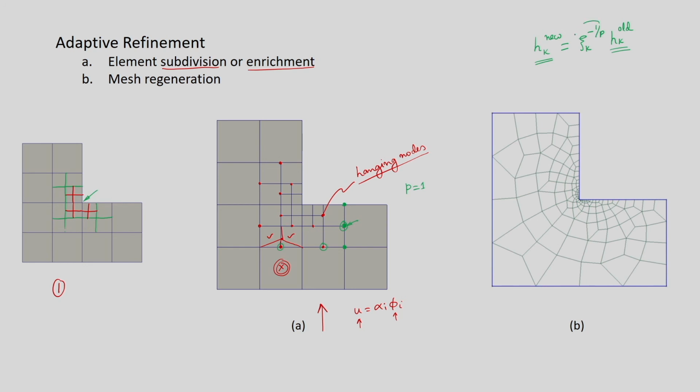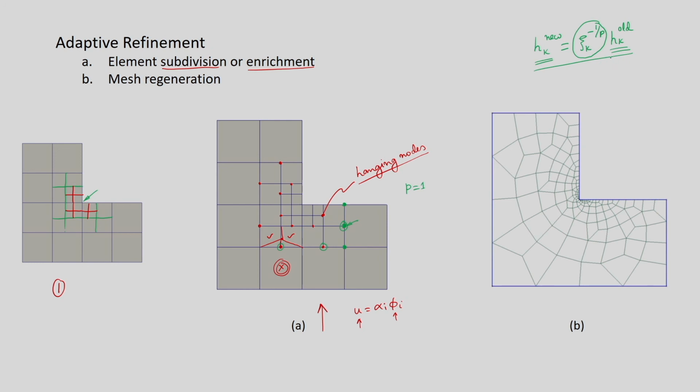That is related by xi k to the power minus 1 by p, where p is the degree we are using for the shape function. So, using this we can calculate the new h, that is, the size of the new element at that point.